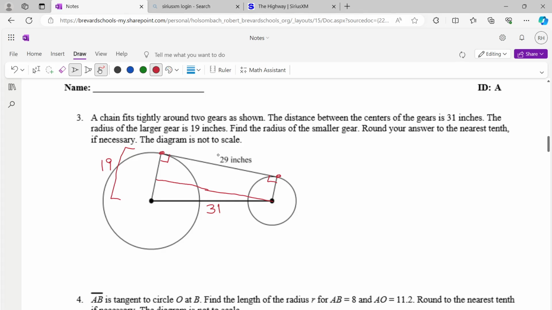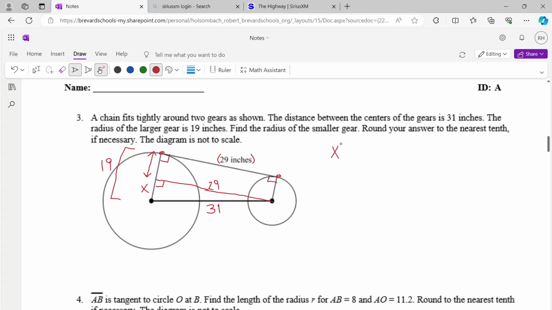All right, if this was 29 units to begin with, it's still 29 units. What we're going to find now is this short leg. If we find this short leg, subtract it from 19, it'll tell us how far we moved this segment, which is the radius of the smaller circle.